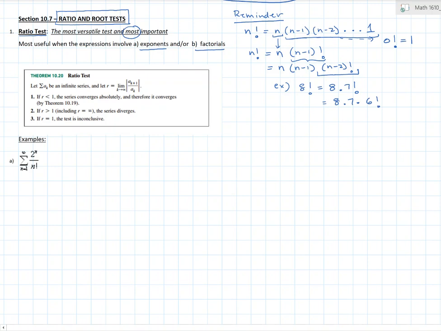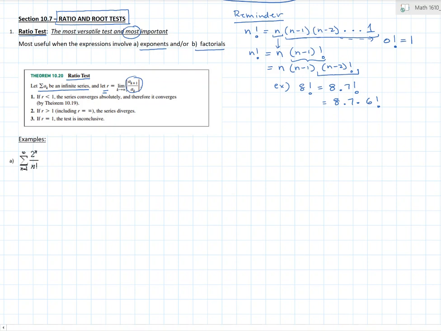Okay, so now let's look at the ratio test. Again, remember, you do not have to memorize these tests. They are there in that table, and you will get used to them by looking at that table every now and then. So suppose the series sum of a_k is an infinite series, and what we do is we find R, which is the limit as k goes to infinity of this ratio.